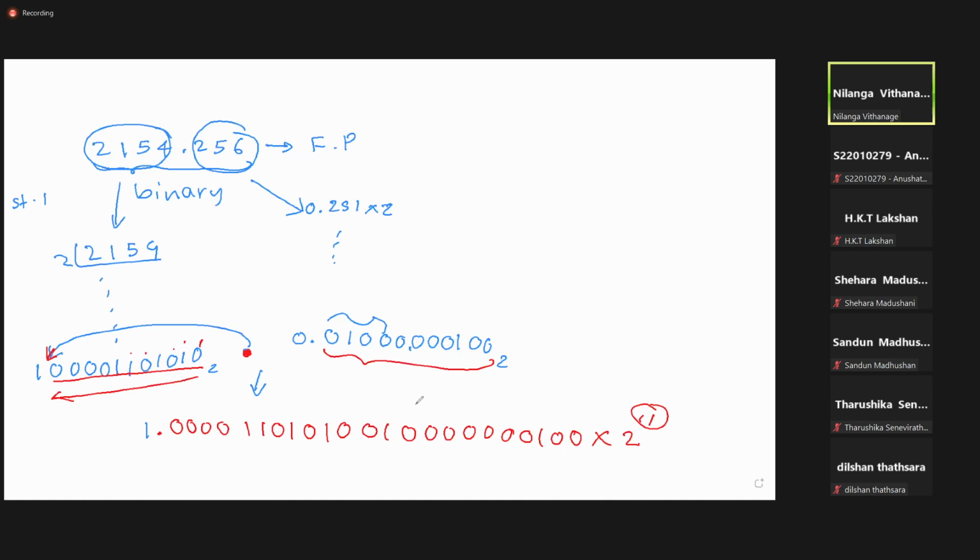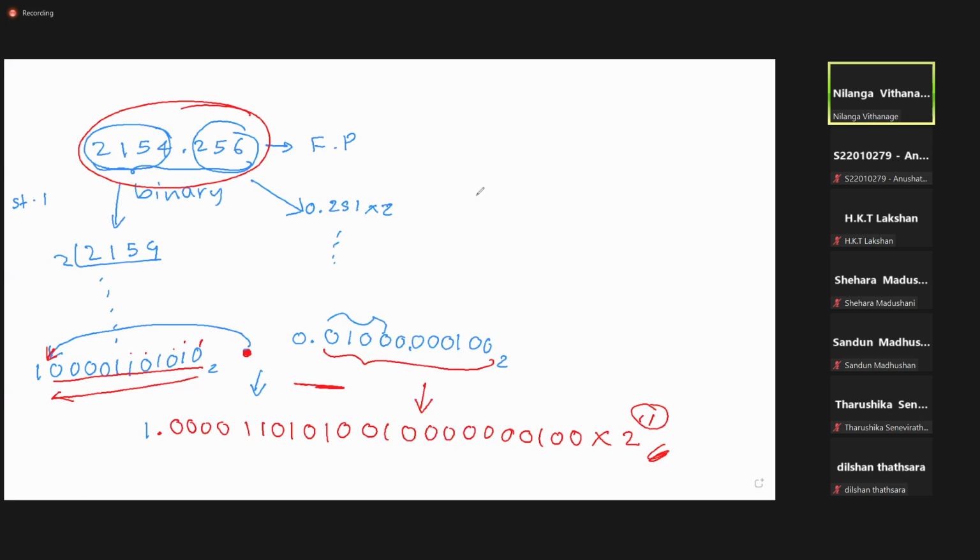So you can represent 1 point this number multiplied by 2 to the power 11. So this is the binary representation of this value. This is also correct, but you have to get the floating point number. You have to convert this value into this format, which means 1 point some value multiplied by 2 to the power whatever number.